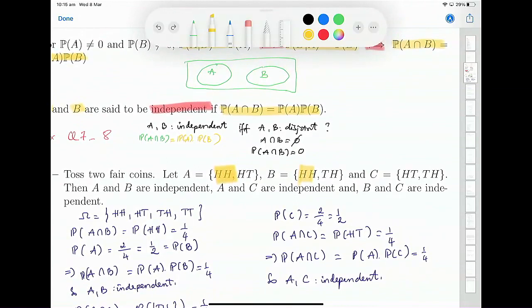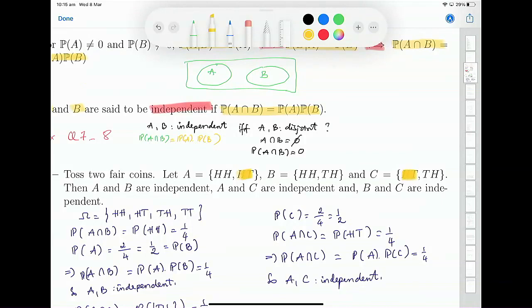How about C and A? This is the same as the previous case. What is the intersection of A and C? A intersect C is head-tail, right?